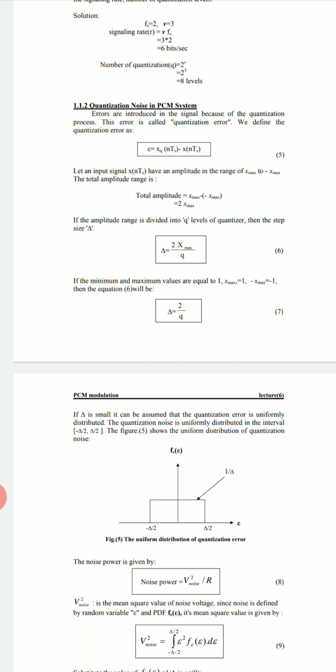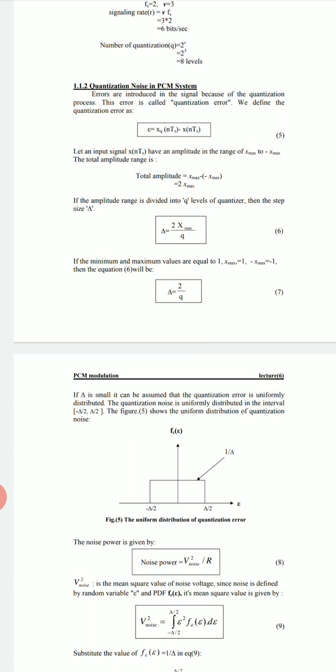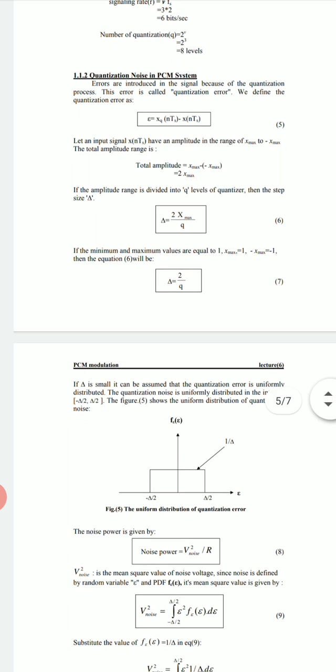Now for the noise power: power is v into I, or v by r, so the equation becomes v square by r. Noise power equals v noise square upon resistance r.